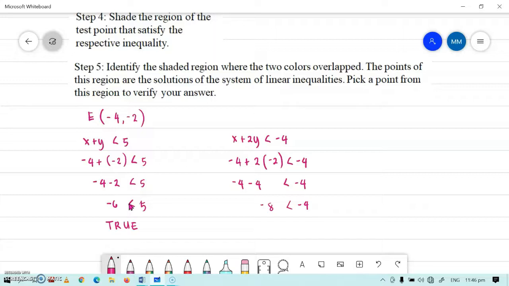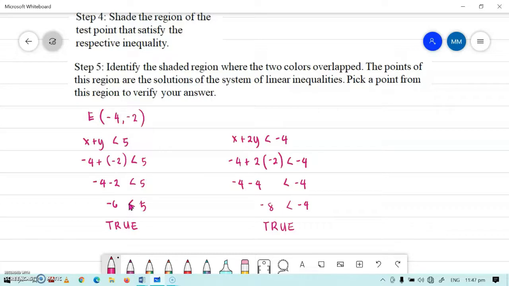Now, is negative 8 less than negative 4? Yes. So meaning to say, for our second inequality, the values of x and y for our test point E satisfy the second inequality. So this is also true.